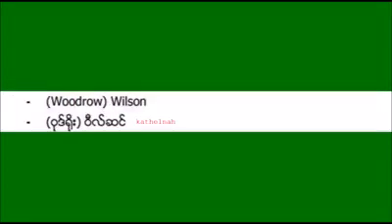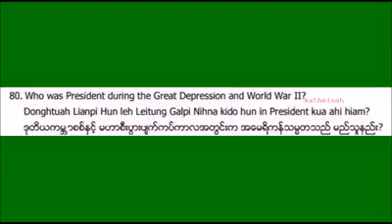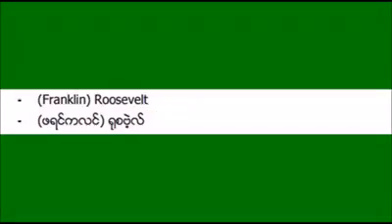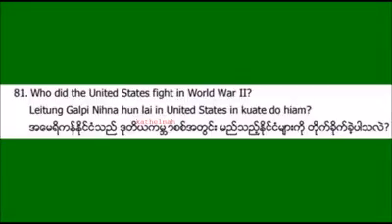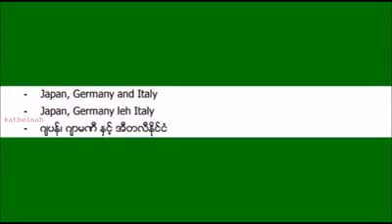Woodrow Wilson. Who was president during the Great Depression and World War II? Franklin Roosevelt. Who did the United States fight in World War II? Japan, Germany, and Italy.